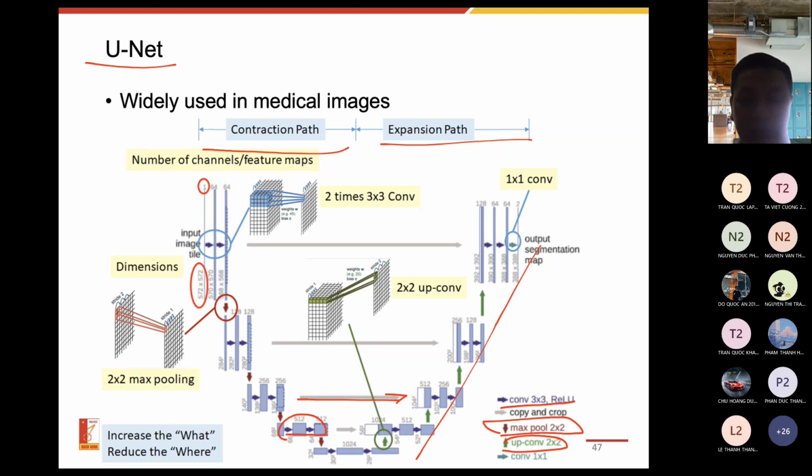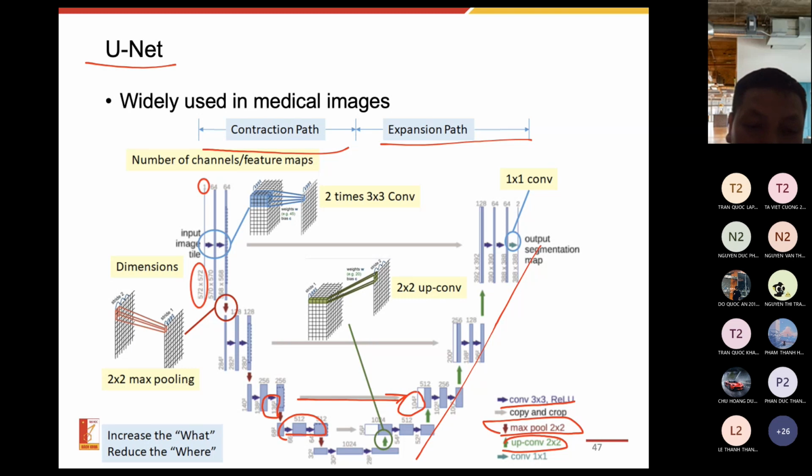For example, here the size is 136 by 136, and you crop to the size 104, right? And then you combine with the output of the up-convolution layer here, right?